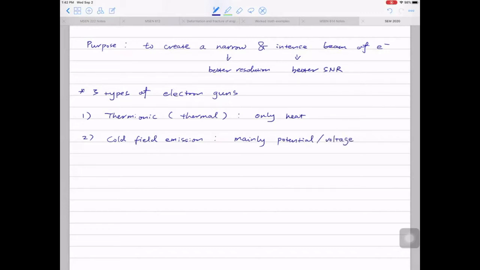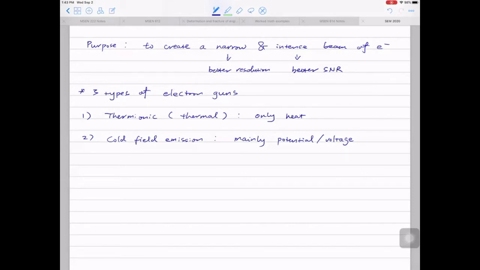Let's quickly compare the first type and the second type. In the first type, you use a lot of heat to heat up a piece of metal. Then the electrons will be free to move. Then you apply an electric field, you apply a bias, electrons can be emitted from the material. So this is largely by heat. In the cold field emission gun, it's at room temperature.